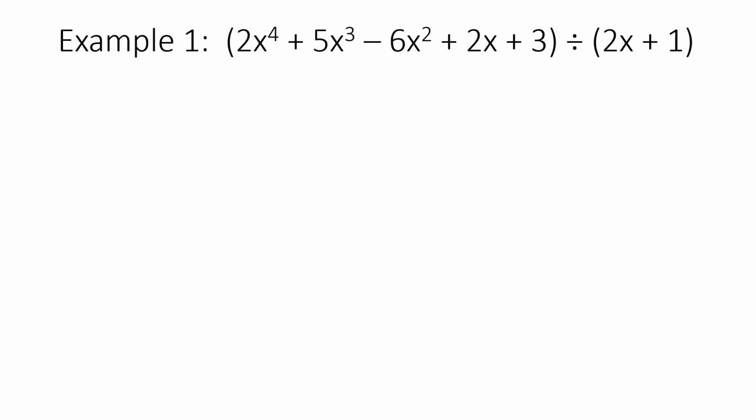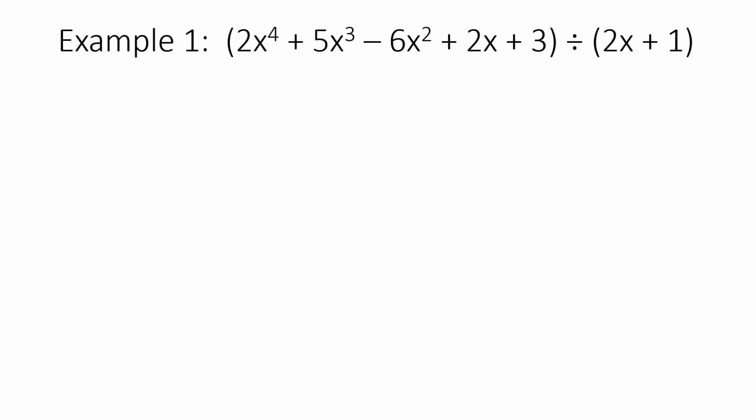So the first example we're going to look at is that lovely polynomial. We have 2x to the 4th plus 5x to the 3rd minus 6x squared plus 2x plus 3, and we're dividing that by 2x plus 1. One of the things I love about the area model is that it is no harder to do this problem than it is to do some of the more basic problems.